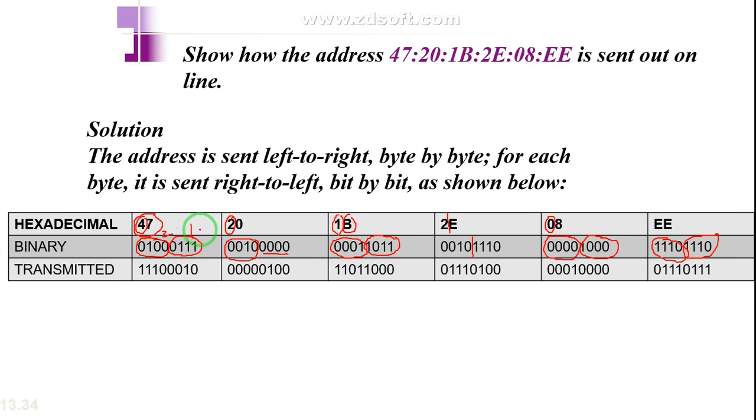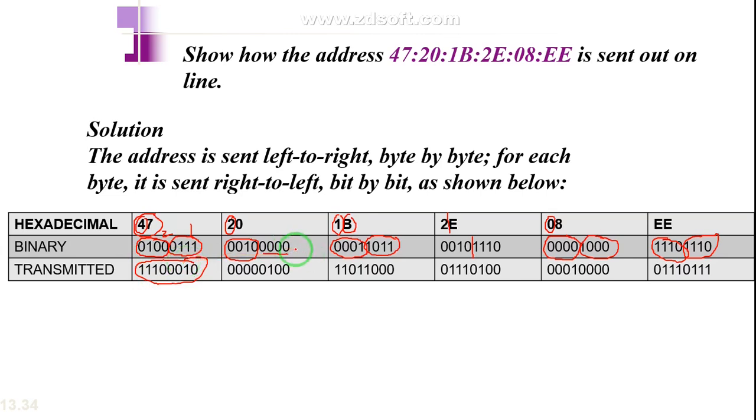And for each byte, it is sent right to left. Since this is the first byte, we are going to first send 1, then this one, then this one, and then the 0. Then we send this 0, 0, 1 and 0. So in this manner, it would be transmitted.